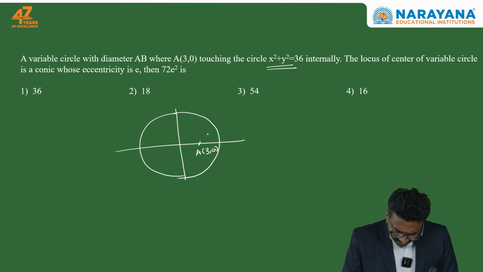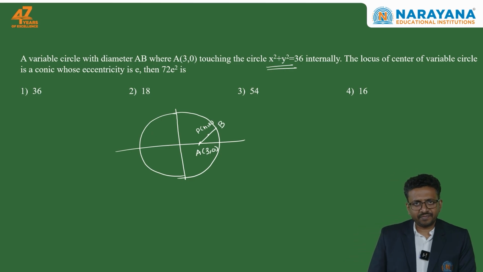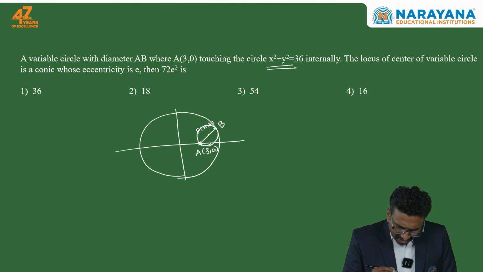So now let (h, k) be the center of the circle. That means because AB is the diameter, B will be like this. We are given that these two circles are touching each other, so this is how the diagram looks.